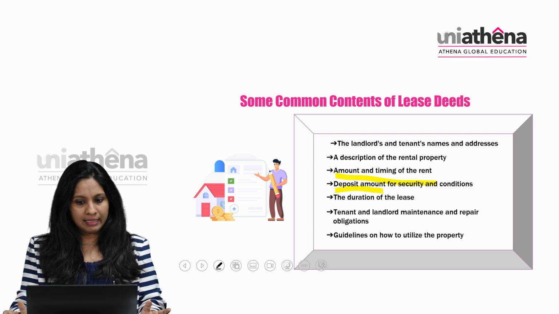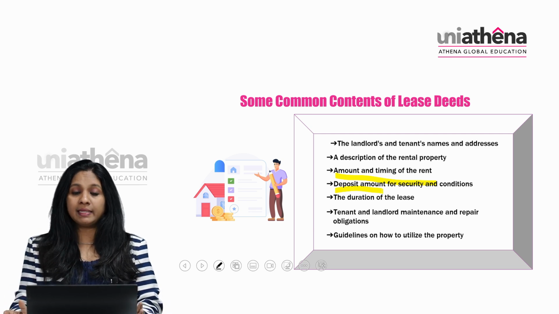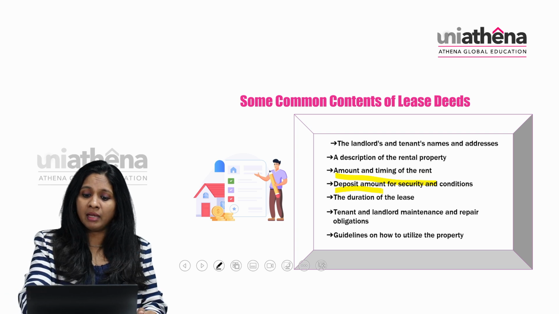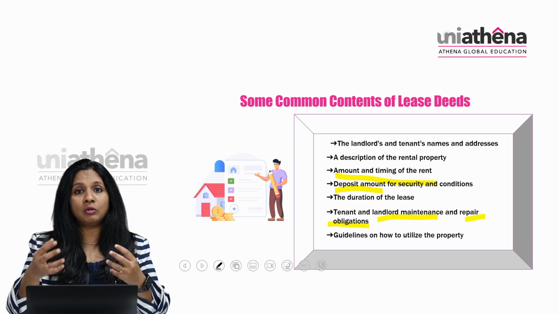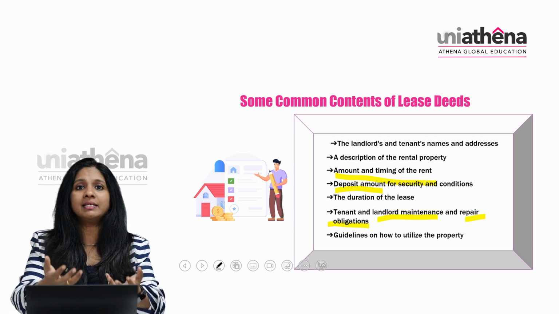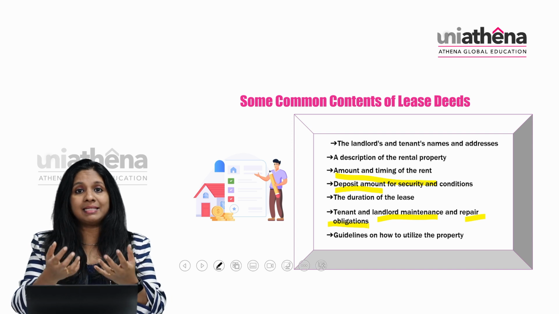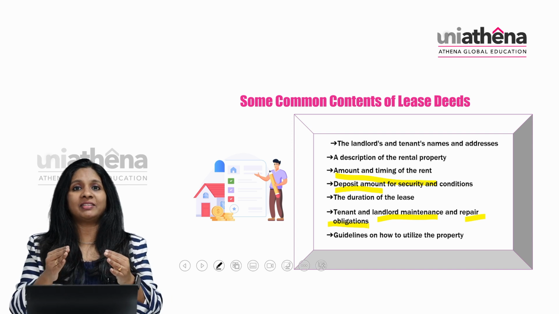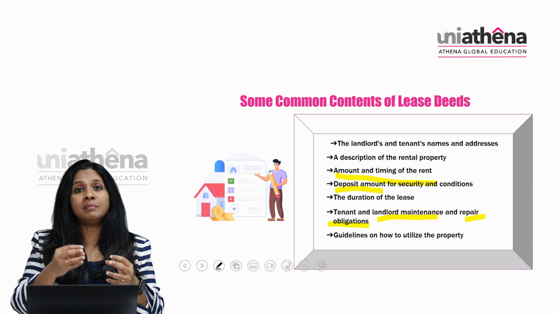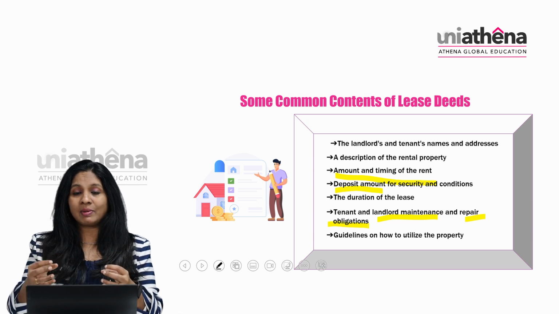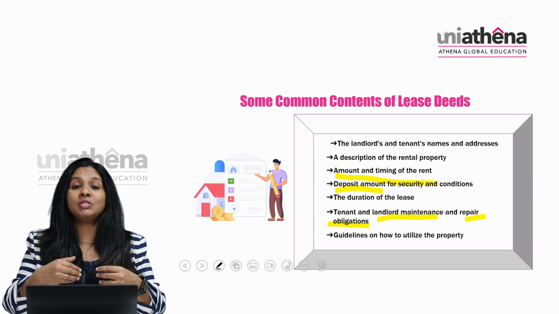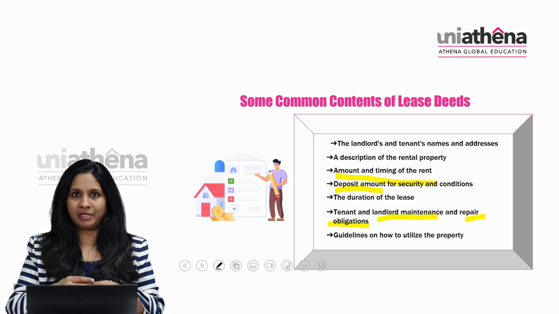Then the duration of the lease, then tenant and landlord maintenance and repair obligations. When you are writing a lease deed, you have to make sure that you include the terms about maintenance as well as repairs, because you are leasing or renting your property, your building.